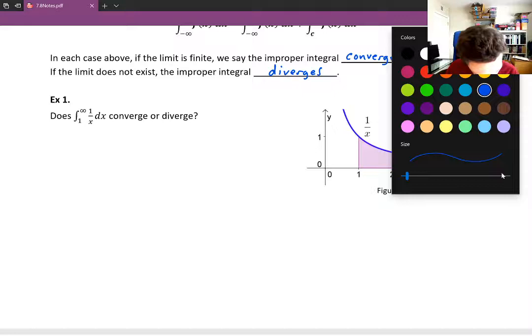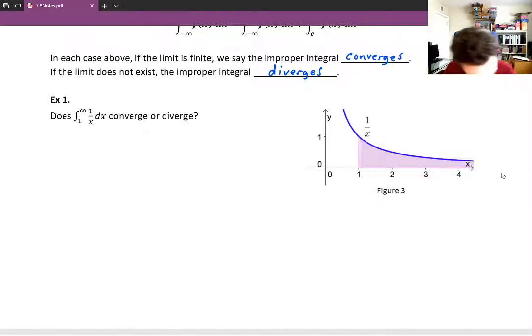So let's see. Let's write that up. So this is the integral from 1 to infinity, I'm going to highlight the infinity in red because we're going to replace it in just a moment, of 1 over x dx.